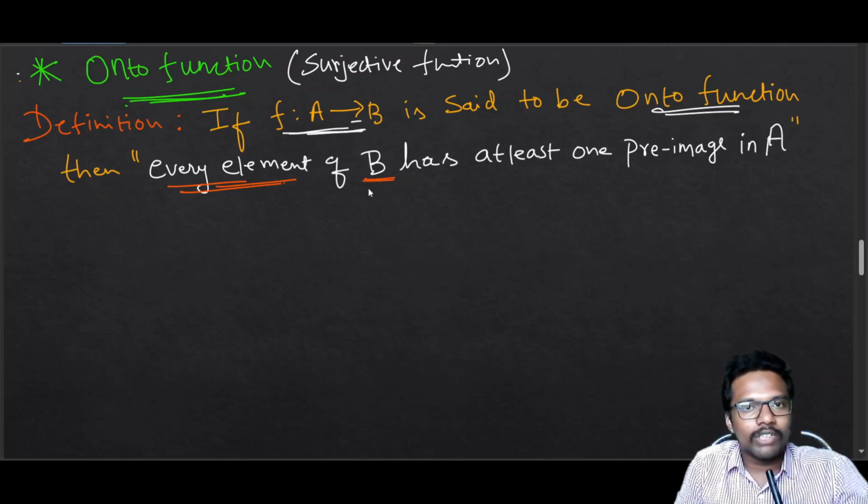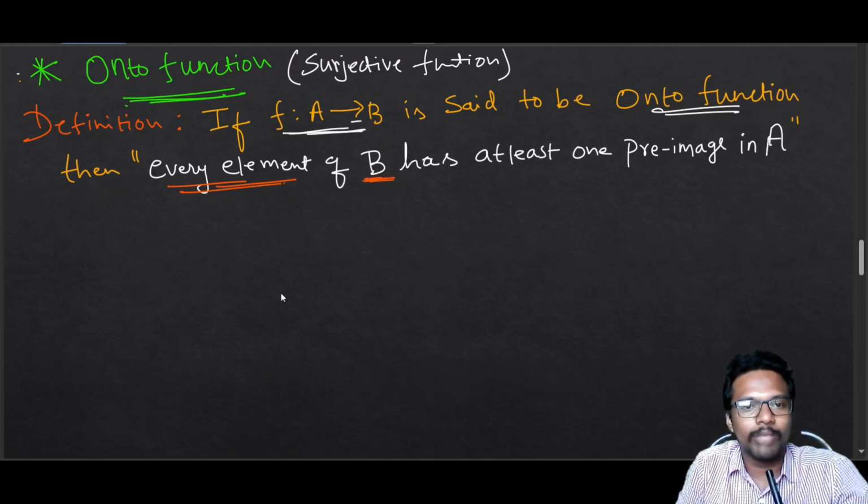For one-one function we only focused on the domain part; we defined it all in the domain. When it comes to onto, we move the definition from domain to codomain. So here we start the definition with the codomain.